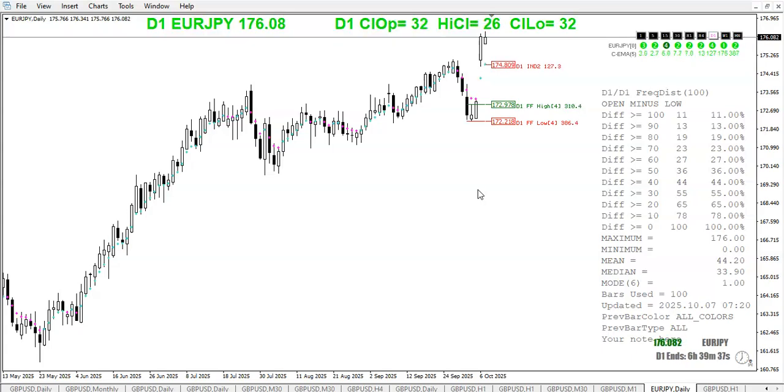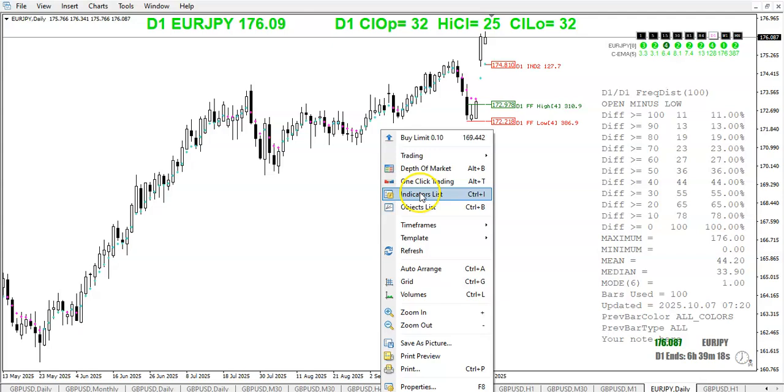I just picked 100 days because it's a nice round number. But you can adjust the number of days, or you might want to have almost a year's worth of data. That's up to you. So there's your open minus low.